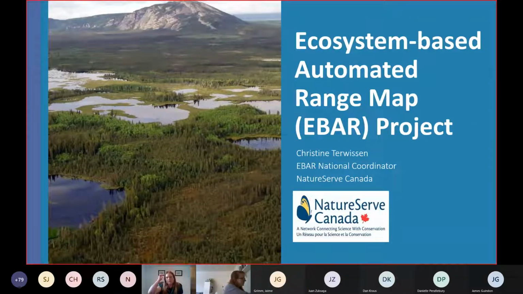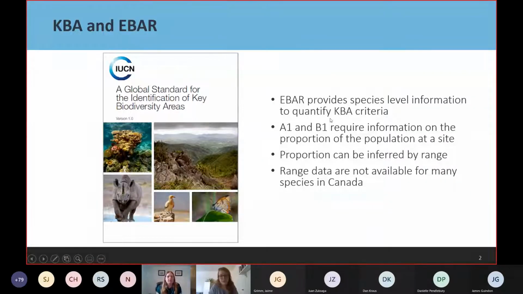So I'll be talking about the ecosystem-based automated range map project, also known as EBAR. As Chloe was mentioning, I'll start off by explaining how the KBA project and the EBAR project support each other. EBAR is providing species level information that is being used to quantify KBA criteria.